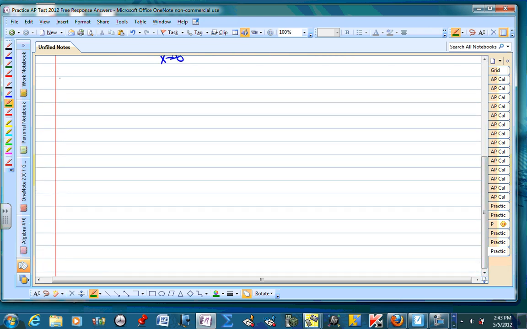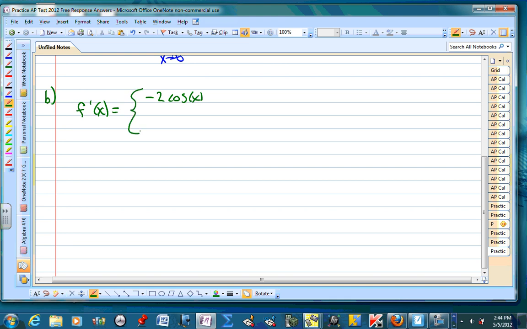Part B. In part B, they ask us to express f prime of x as a piecewise defined function, and then find f prime of x when x is negative 3. So let's see here. F prime of x is going to be the derivative of 1 minus 2 sine of x, which is minus 2 cosine of x.